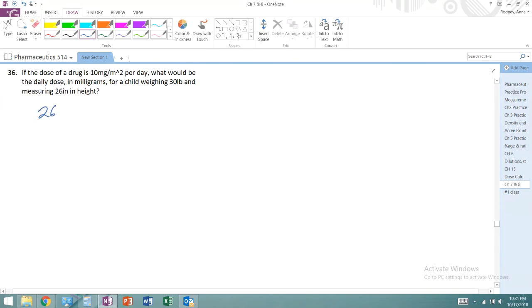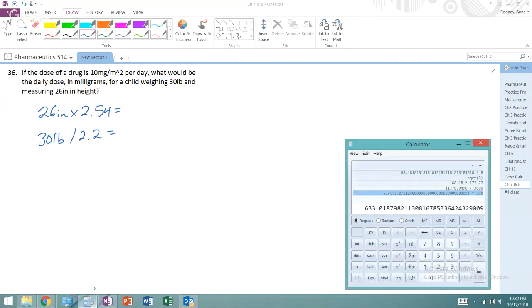So we take 26 inches, 2.54, and then we take 30 pounds, and we divide by 2.2 to get that one.